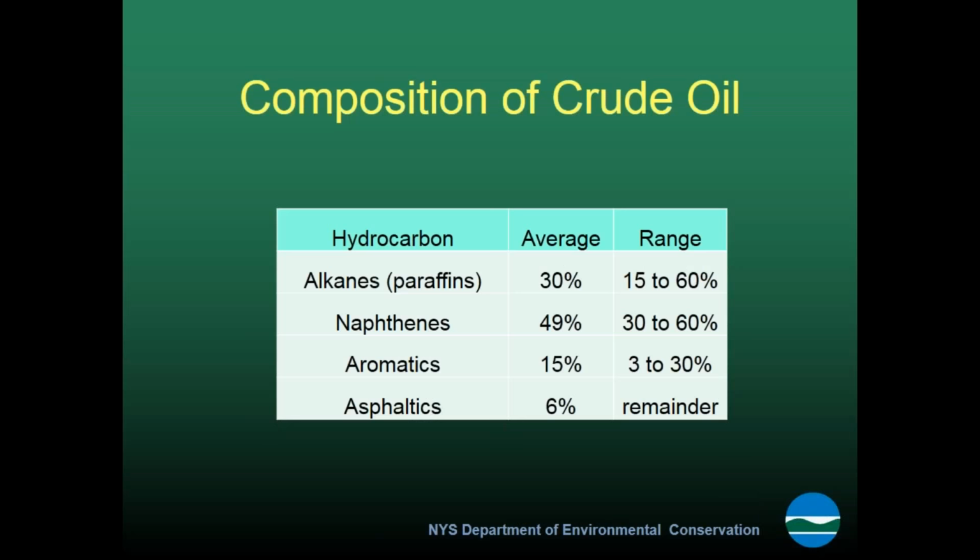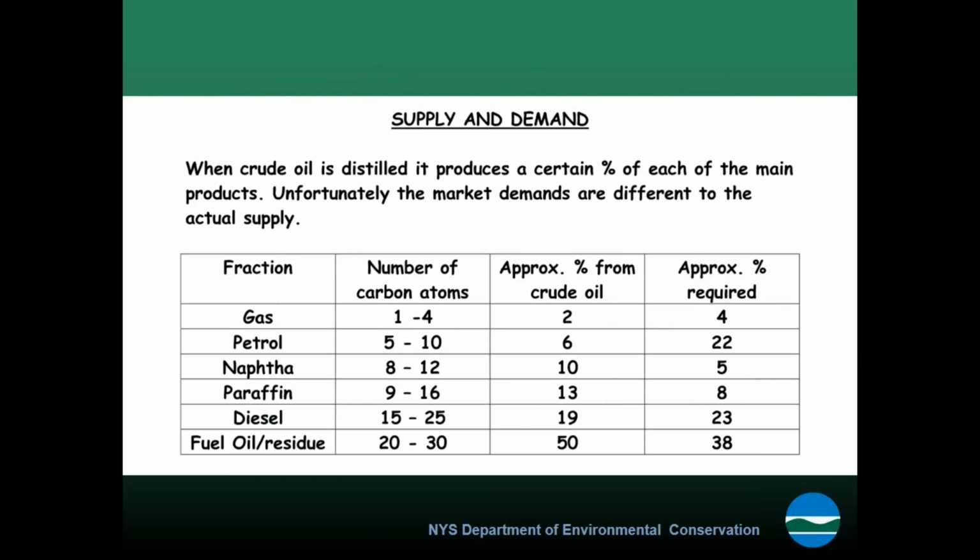That range of composition in the crude oil is not really the same range that we use the crude oil. So we have probably the highest demand for crude oil is gasoline.